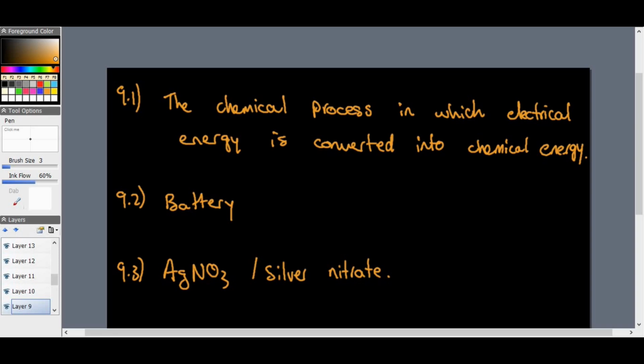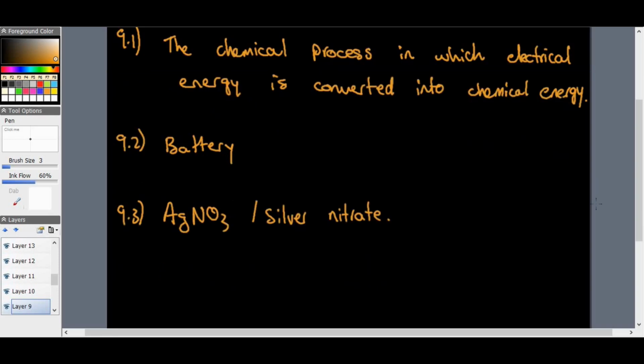Basically any electrolyte that had silver in it would have been a good answer. Okay, silver ethanoate, silver fluoride, all right, silver perchlorate, okay, which is AgClO4. But, you know, I always say to students, you don't need to reinvent the wheel.